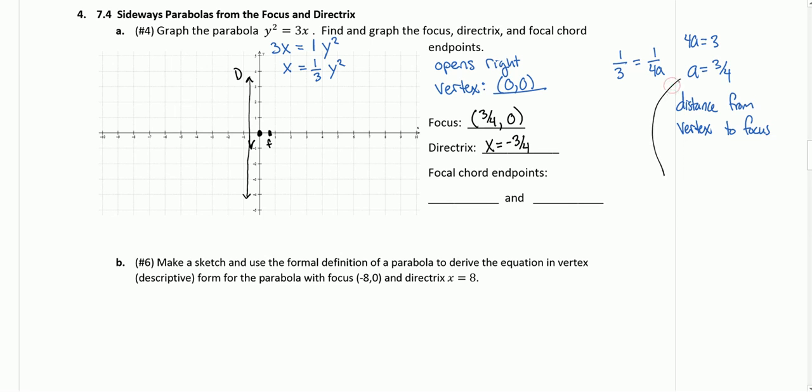Then if you take a and multiply it by 2, so 2 times 3/4, we work that out, we get 6 over 4, reduce that to 3 over 2, or 1.5. That is the distance from the focus to both sides of the parabola.